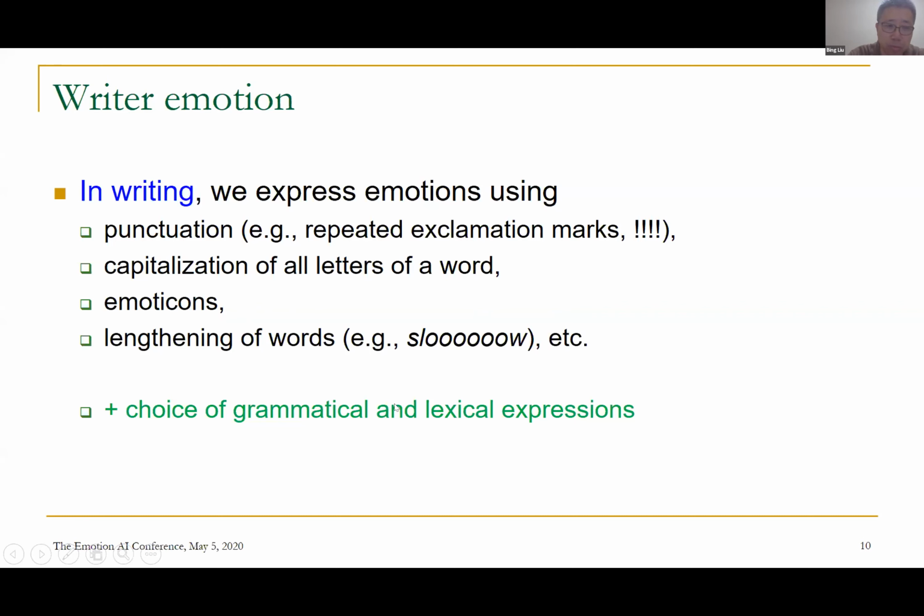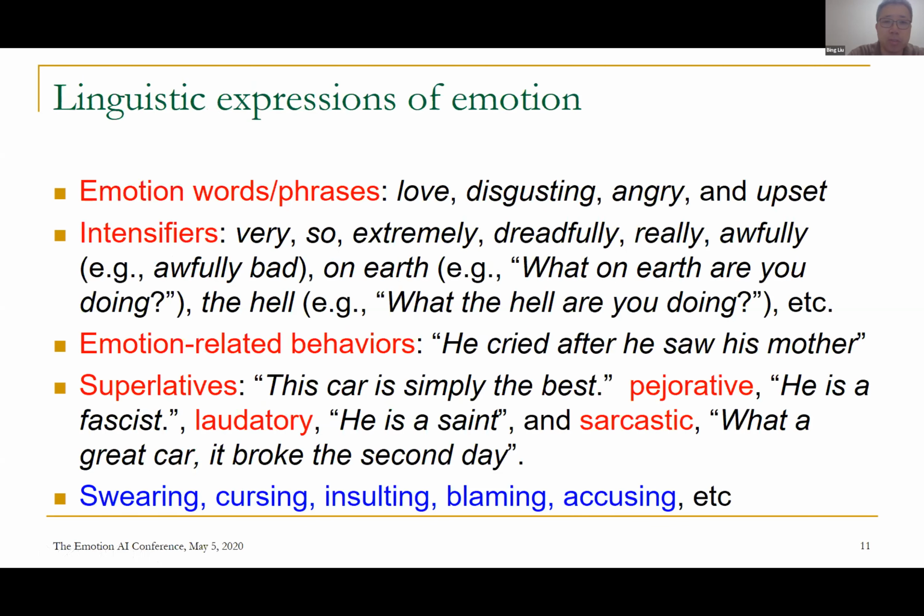And again, we also have to worry about the grammatical or lexical expressions, the words and phrases we use, which is also very important. For example, in linguistic expressions, we use words for emotions and affects. Individual words, for example, alarmed, disgusting, angry and upset, are all words, and also the intensifiers.